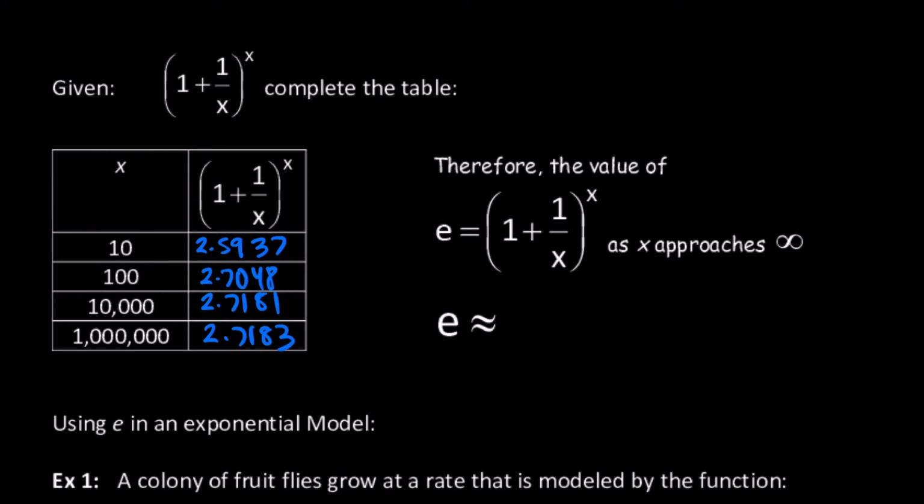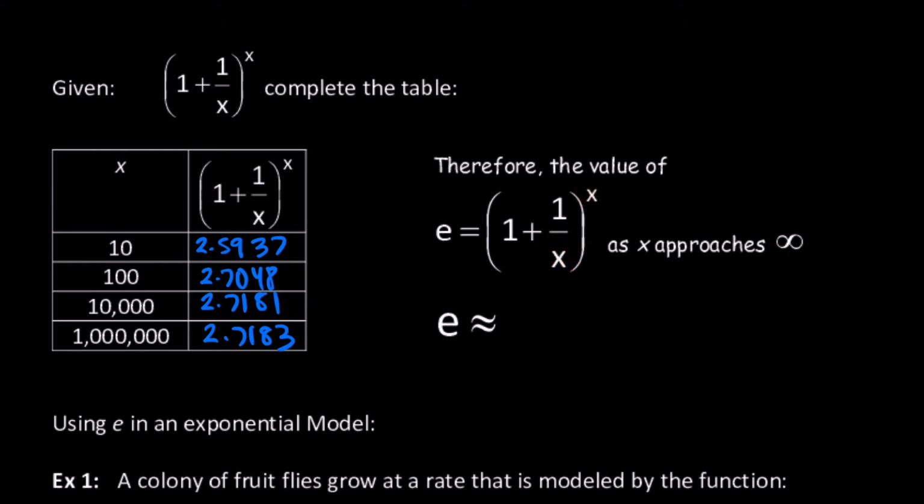2.7183. And if you notice, these numbers are getting closer and closer and closer to a specific value. That value happens to be what we call E. And E is a limit. E equals this algebraic expression as x approaches infinity. So as x approaches infinity there and infinity there.